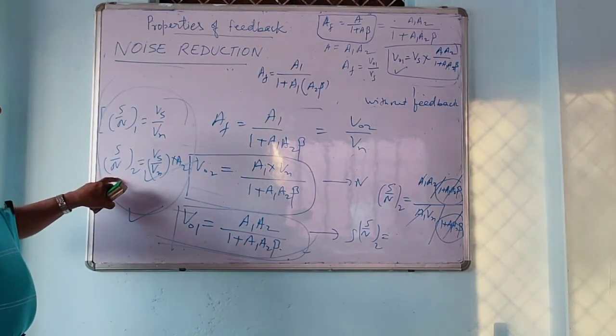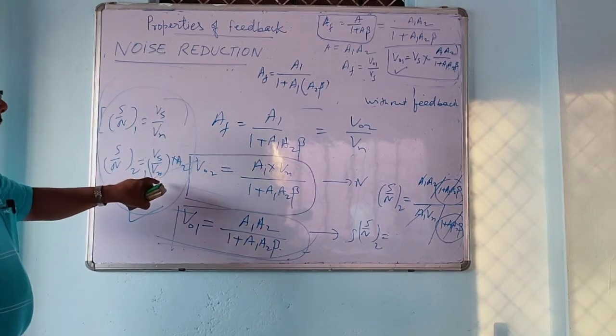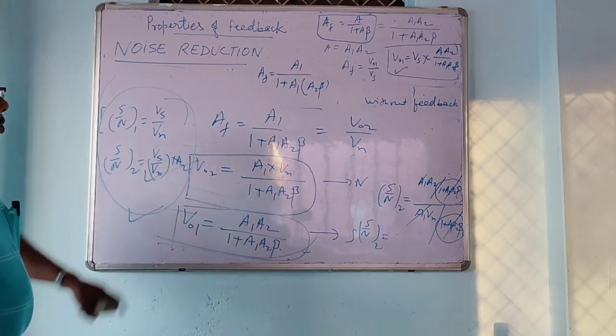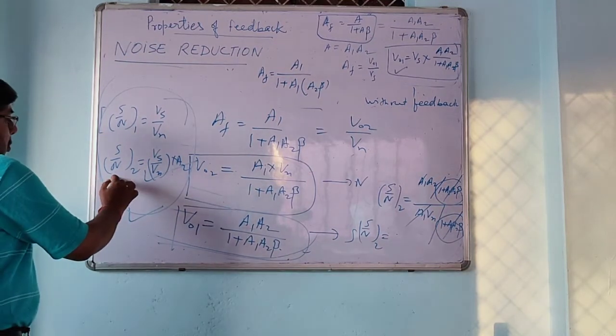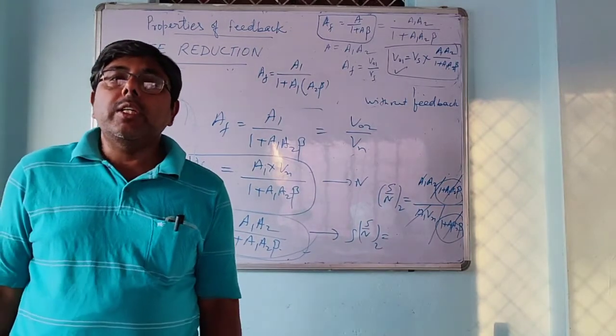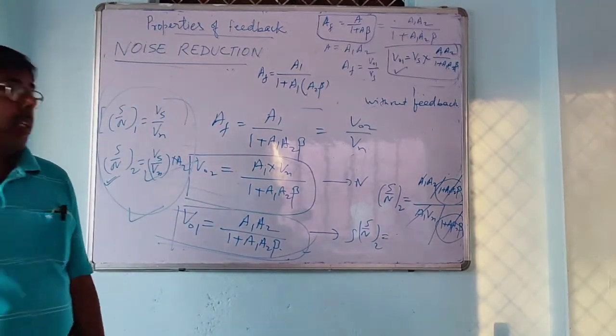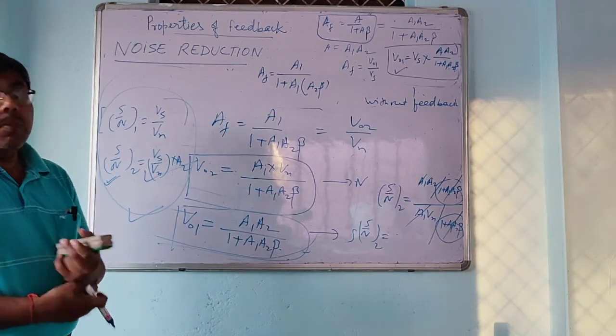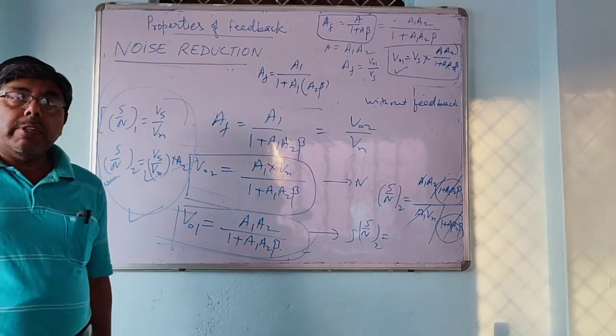Suppose we are using feedback, then the signal to noise ratio is increased by a factor A2. So we can say the signal to noise ratio can be improved by using negative feedback, or effectively the effect of noise is reduced. Both things are equivalent.